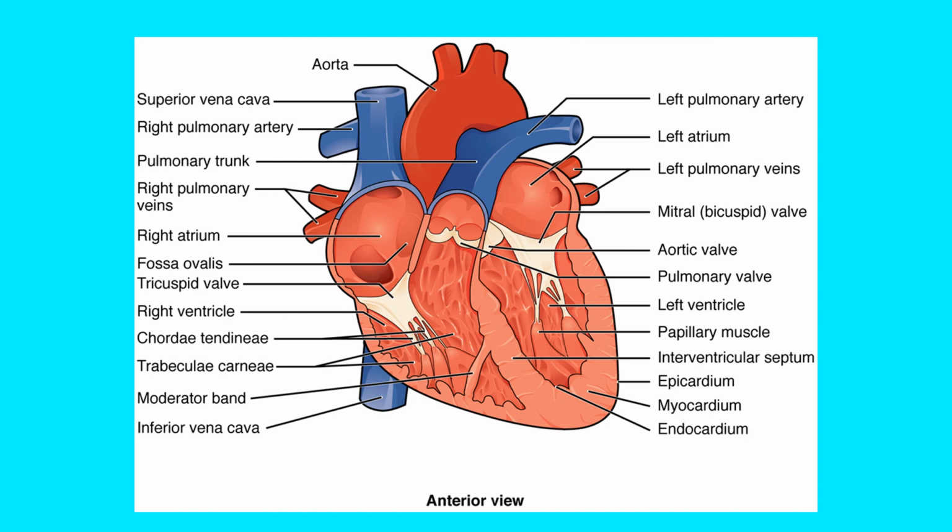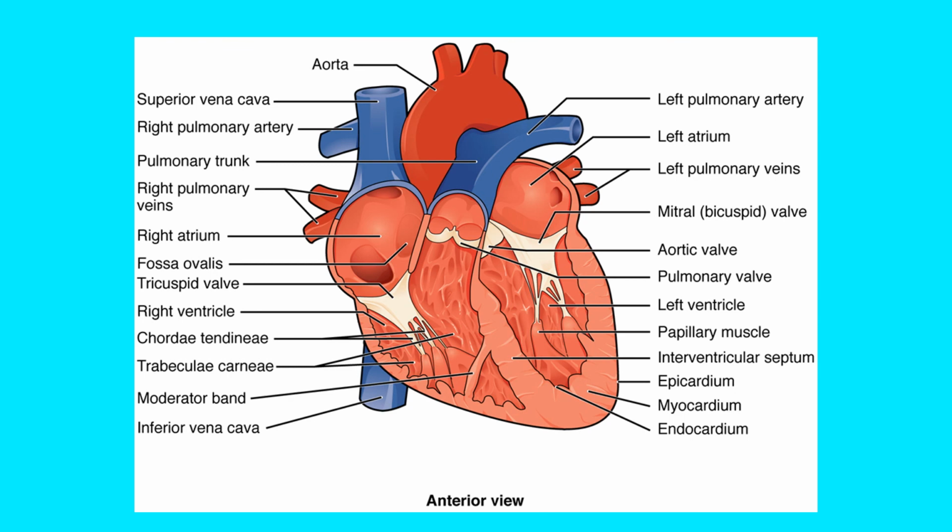Come back from the lungs, returning to the heart. How? By the pulmonary veins, which drain into the left atrium, through the bicuspid valve, into the left ventricle. From the left ventricle, it's going to flow through the aortic semilunar valve, through the aorta.